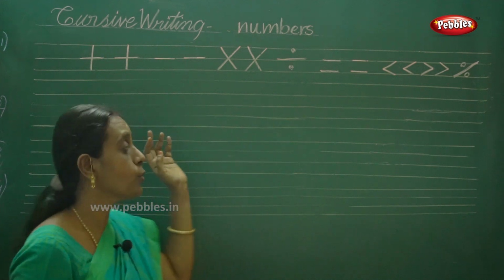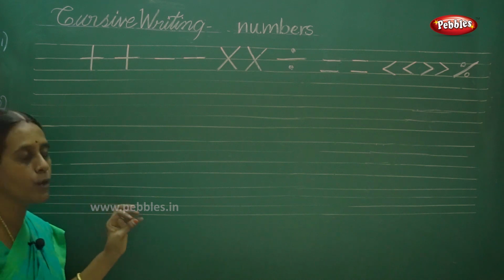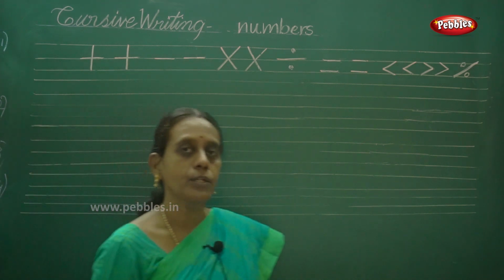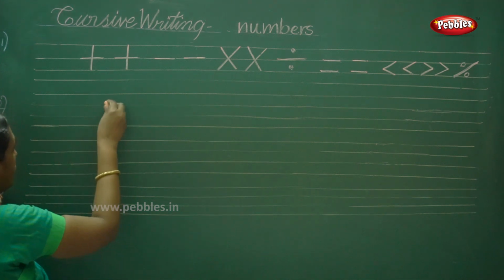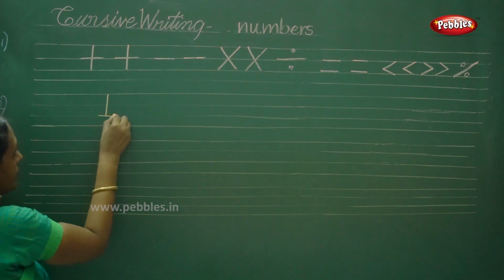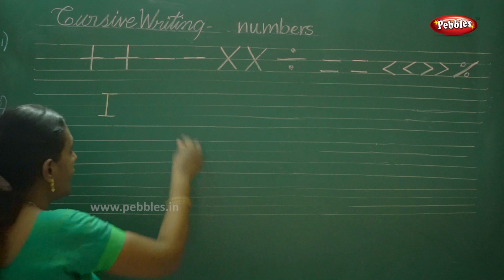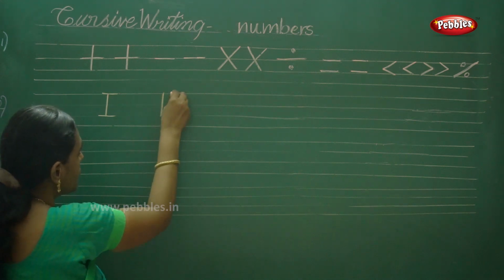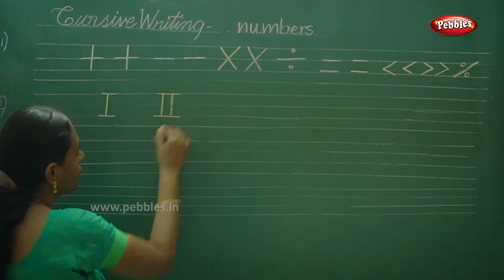Next one is our Roman numerals. Okay, how to write, the correct proper way of writing Roman numerals. Listen here, for one, a straight line. Okay, this is the Roman numeral 1, and the next one is 2 straight lines joined at the upper and lower side.